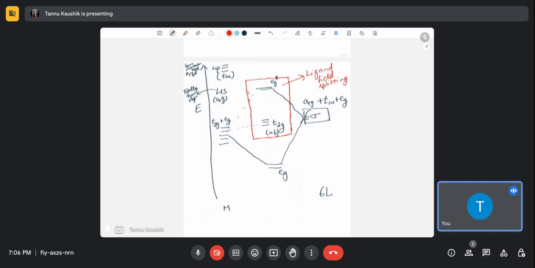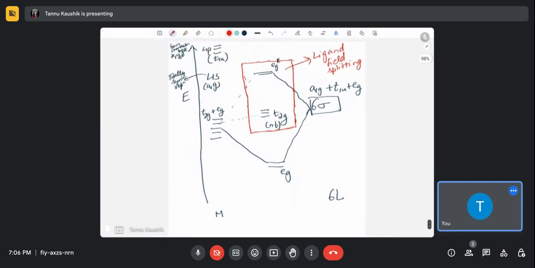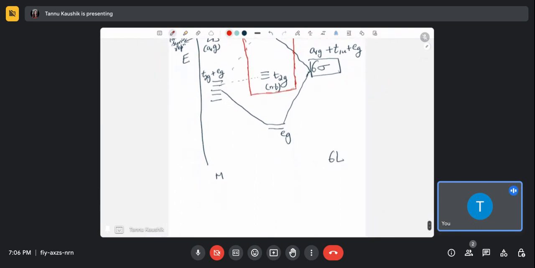So this is the case when there is a sigma bond between metal and ligand.